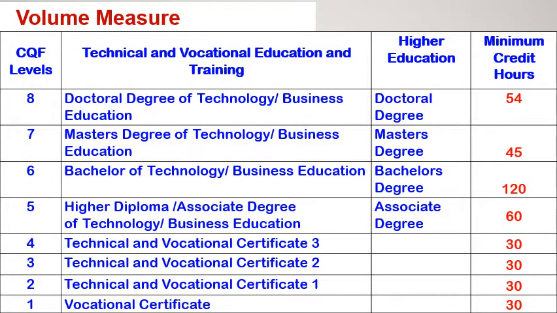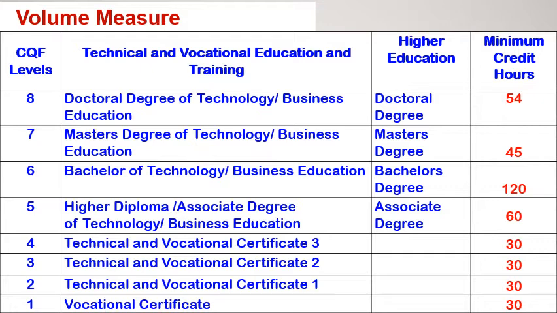In this table, the value measure of CNQF refers to the minimums of credit hours. It is important to understand that 1 credit equals 15 hours. The allocated credit hours are based on the level of qualifications.